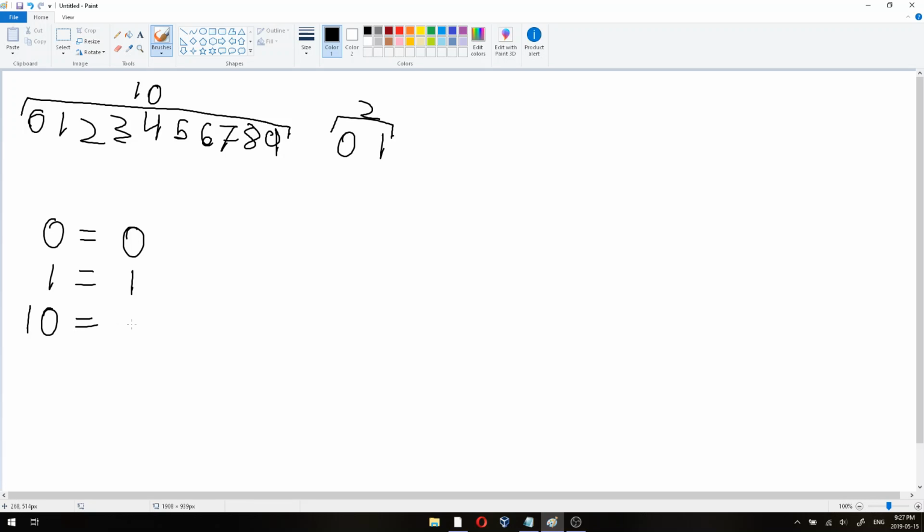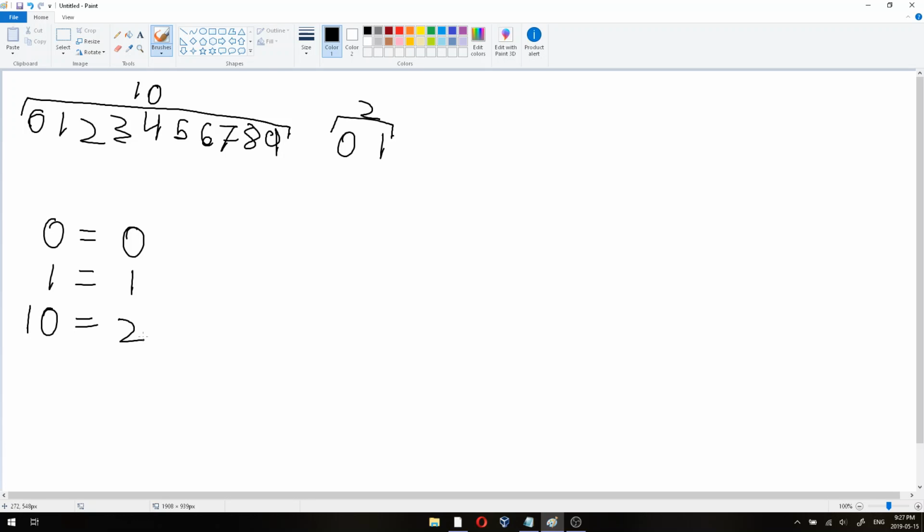And how much is that? That's equal to 2. So do you see what happened? We have 2 digits here, and 10 in binary is equal to 2, similarly to how 10 in decimal is equal to 10, because we're using that system.